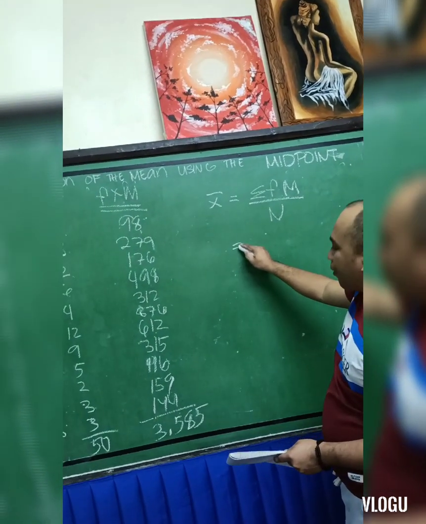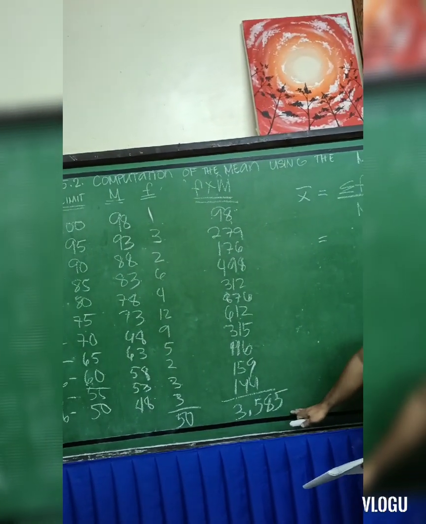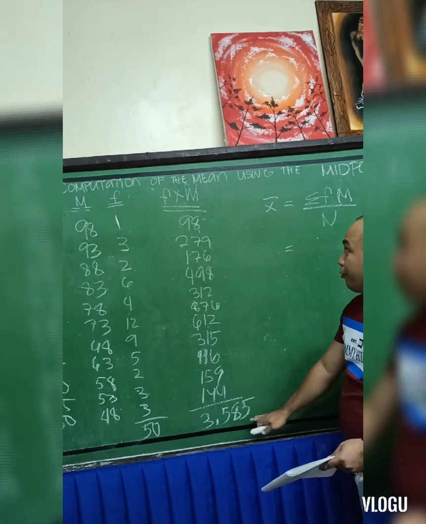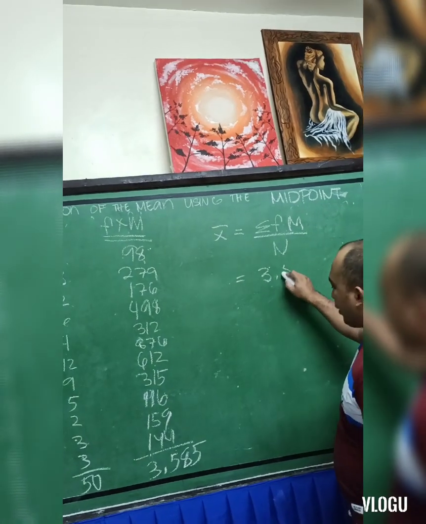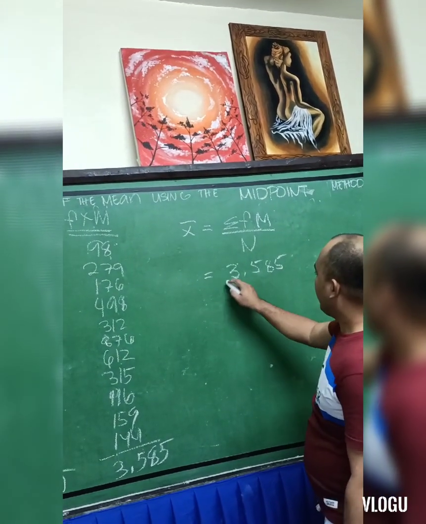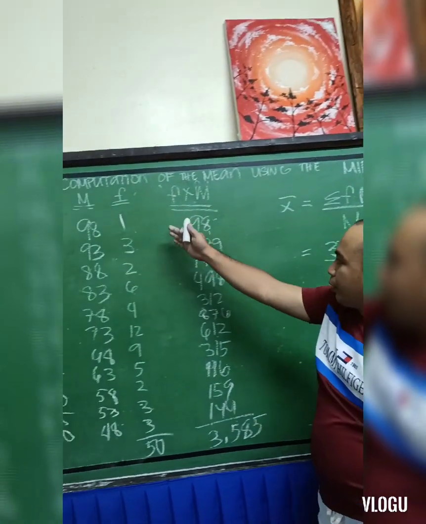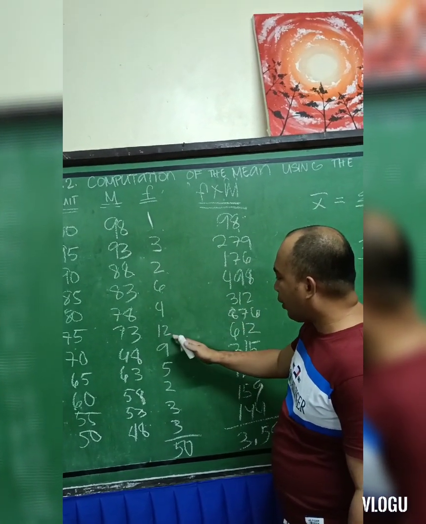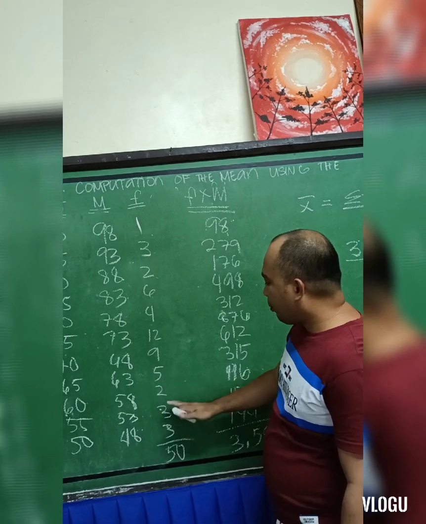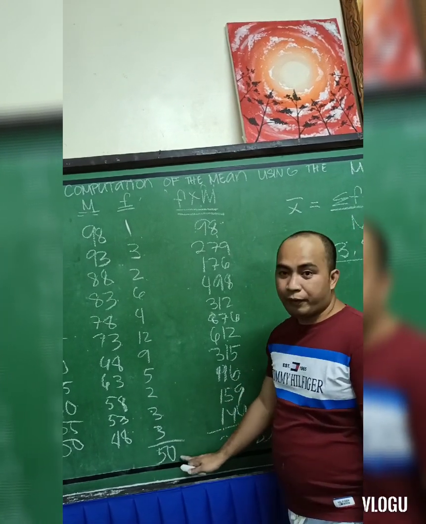We have 3,585 divided by the number of cases: 1 plus 3 plus 2 plus 6 plus 4 plus 12 plus 9 plus 5 plus 2 plus 3 plus 3 is 50.